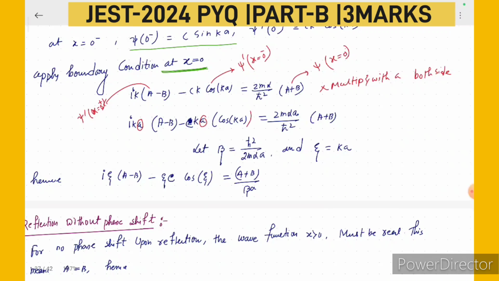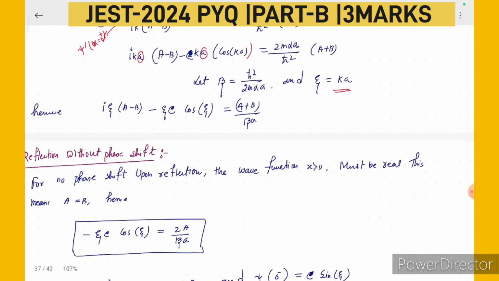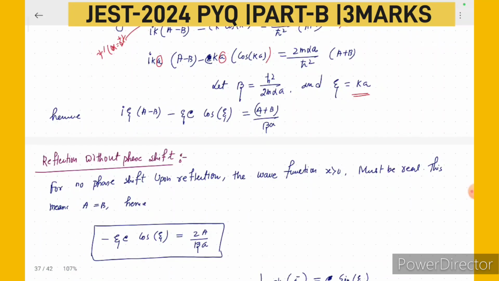Here the given constant beta equals h cut squared upon 2m alpha a, and zeta equals ka. Let's substitute these two values. So i zeta (A minus B) minus zeta C cos zeta equals (A plus B) by beta, that is equal to only beta.